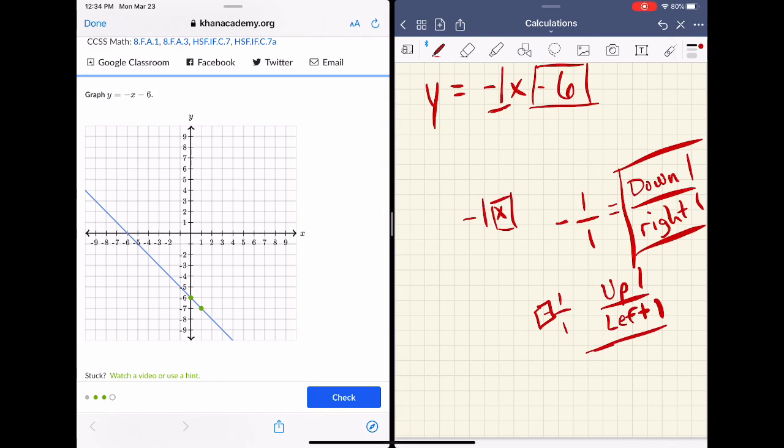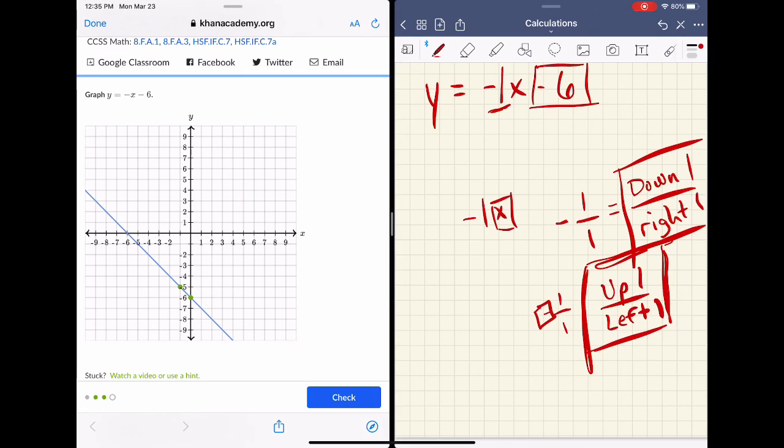But if we apply the negative to the denominator and we go up 1, left 1, well, from our y-intercept, from the negative 6, we would just go up 1 and then left 1. That line looks exactly the same. We just kind of flip-flopped it.